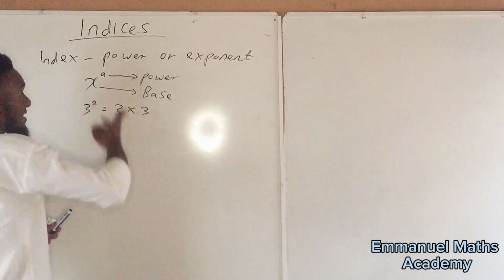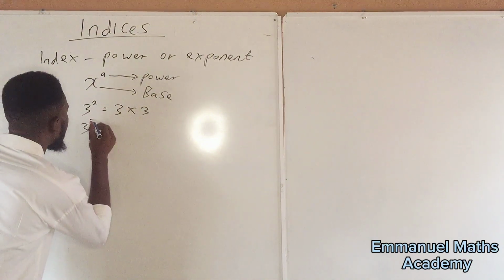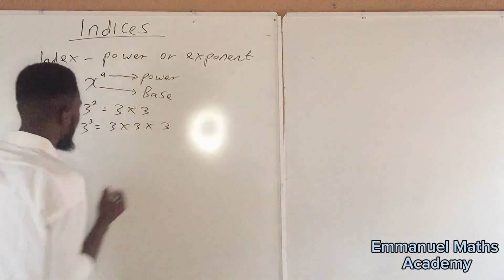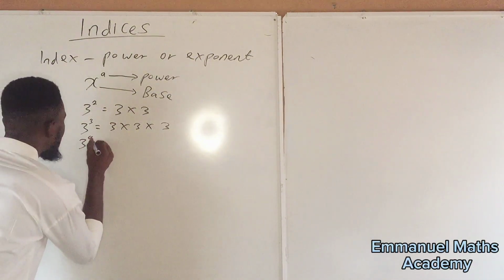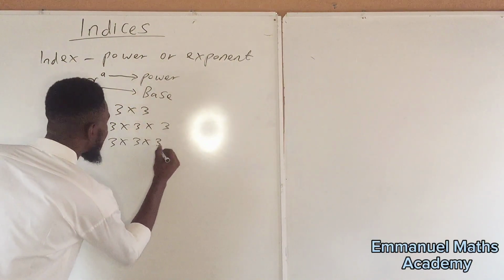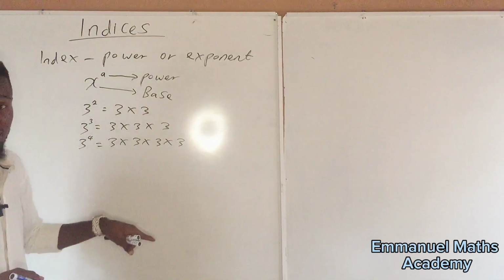3 coming twice, right? If you are given 3 raised to power 3, it means 3 times 3 times 3. What about if you are given 3 raised to power 4? It also means 3 times 3 times 3 times 3. That means 3 coming 4 times.